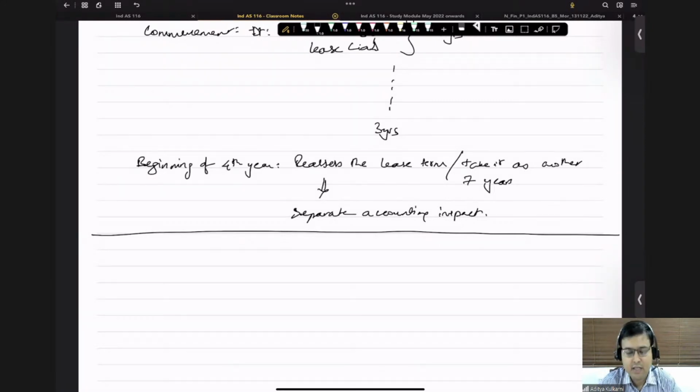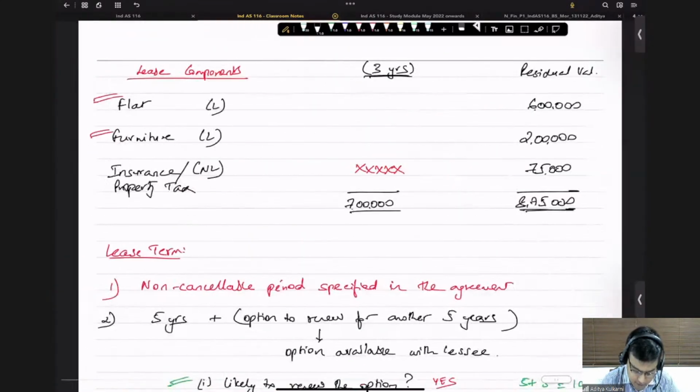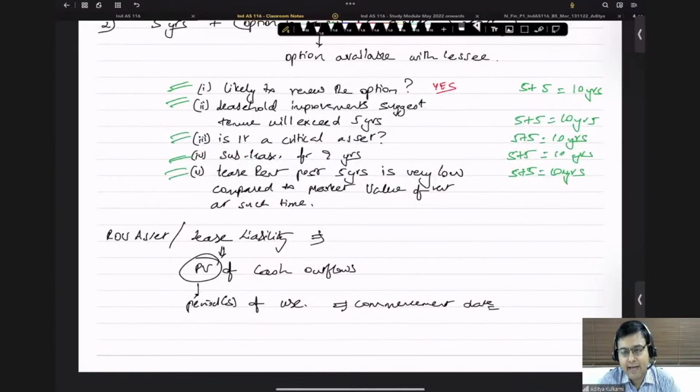Right now I'm discussing the option available with the lessee. So if the lessee has the termination option, you will ask the same questions. Are you likely to exercise the termination option? In which case it is going to be 5 years. Have you made any improvement which suggests a usage of more than 5 years? Yes. Then you will not exercise the termination option. That means it will be 10 years.